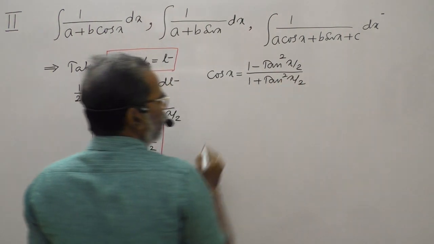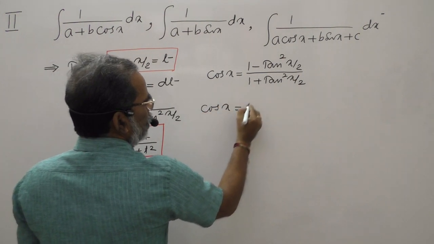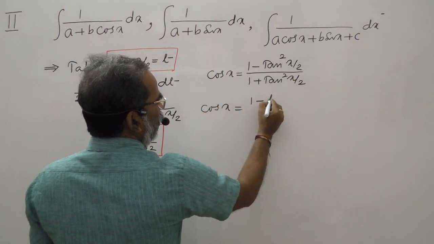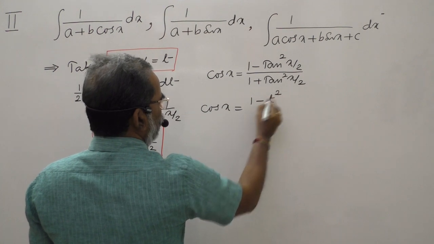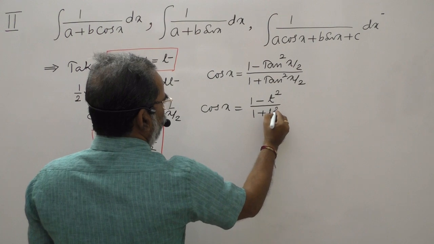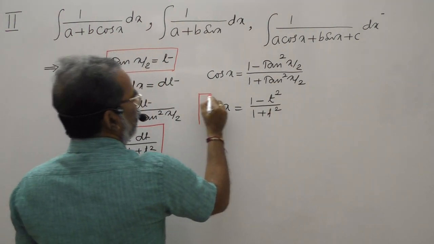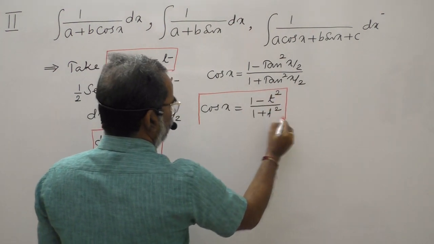We have seen this in trigonometry. Therefore, cos x is 1 minus t square by 1 plus t square. This is the value of cos x in terms of t.